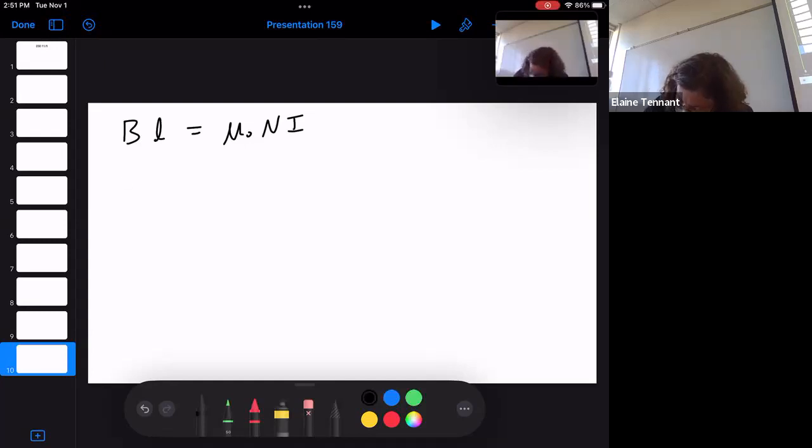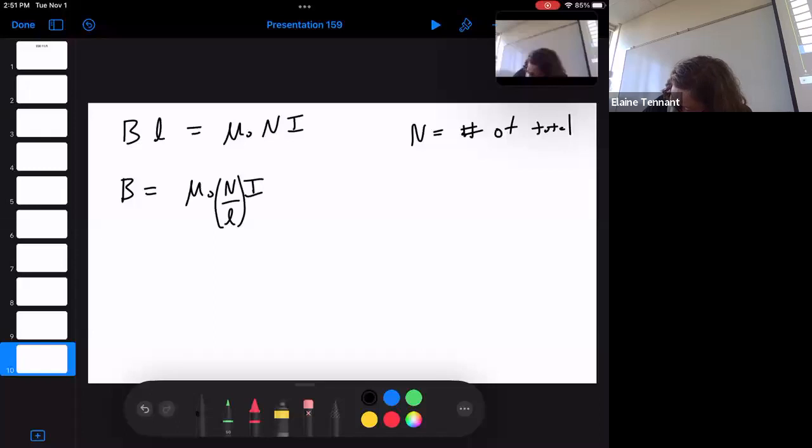And then there's a few things we're going to do with this. I'm going to divide both sides by that L, and I'm putting this N over L together, where capital N is the number of total turns in my solenoid.